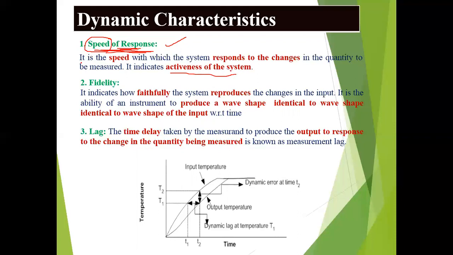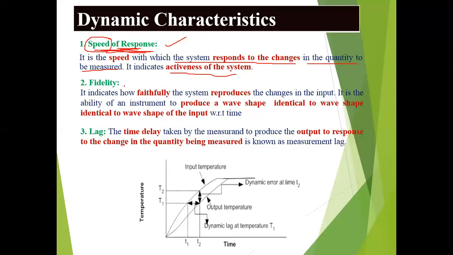See the definition here. It is the speed with which the system responds to changes in the quantity to be measured. How fast the instrument can act for the changes in the measured quantity, that is called speed of response. If speed of response is high, that instrument is a reliable instrument.